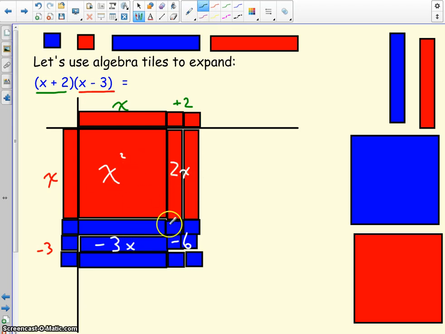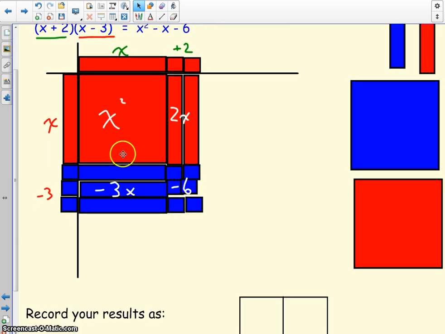Collecting like terms, we have some zero pairs: these two positive x's cancel out with two of these negative x's, leaving one negative x. And here I have -6. I'm left with x squared minus x minus 6. Now I've expanded and simplified this. That's essentially what we're doing here: taking two binomials, expanding them out, and seeing what the answer is.